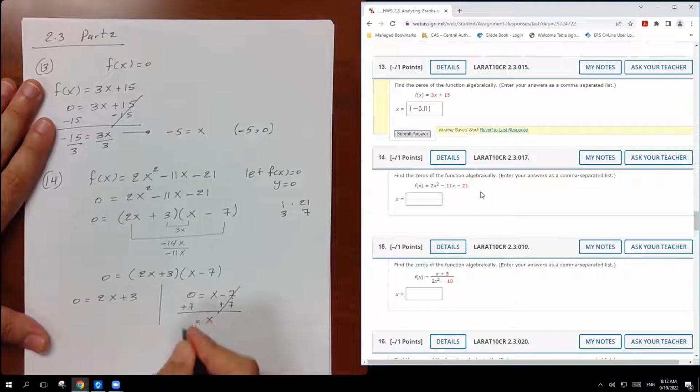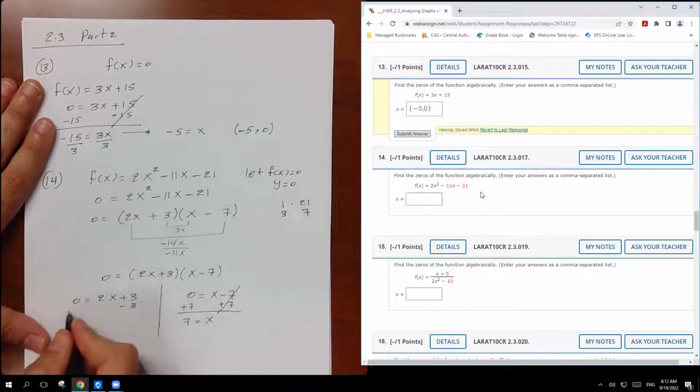So x is going to be equal to 7. This is the first zero. And I'm going to subtract 3 here. That means 2x is equal to negative 3. Then divide both sides by 2. So x is going to be equal to negative 3 over 2.